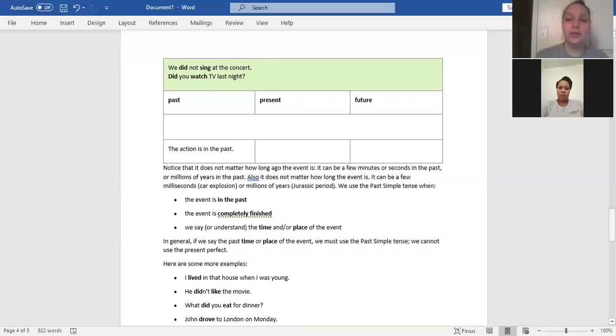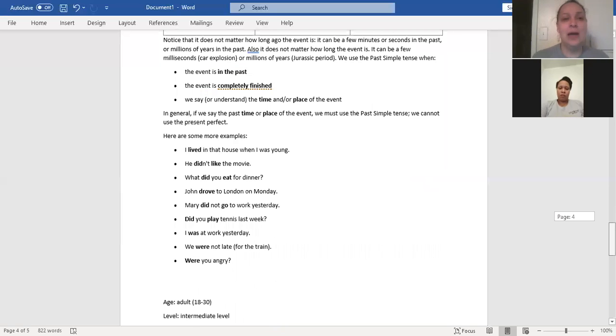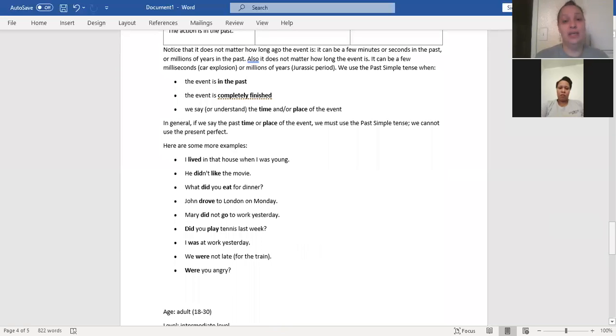The action is also in the past. Notice that it does not matter how long ago the event is. It can be a few moments or seconds in the past or millions of years in the past. Also, it does not matter how long the event is itself. It can be a few milliseconds, car explosion, or millions of years, Jurassic period.